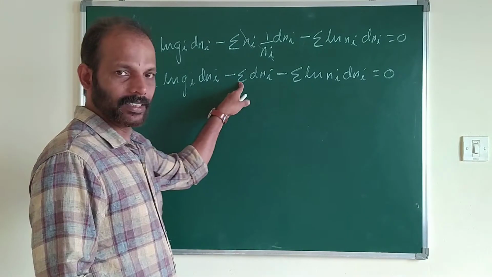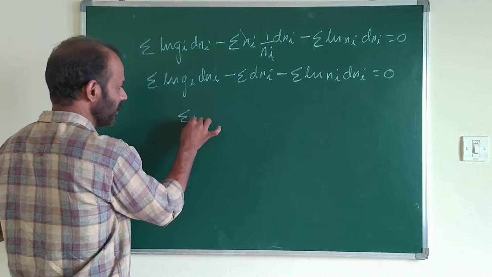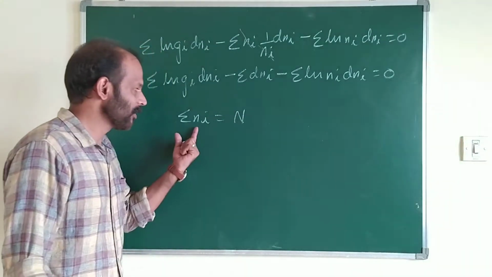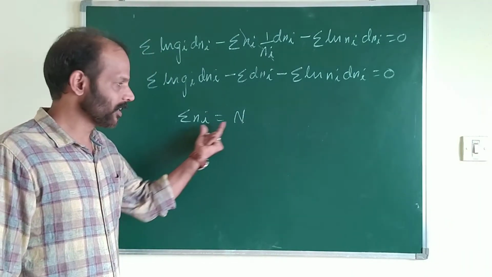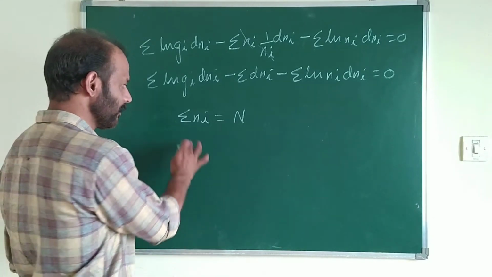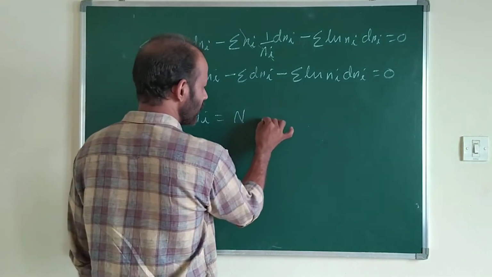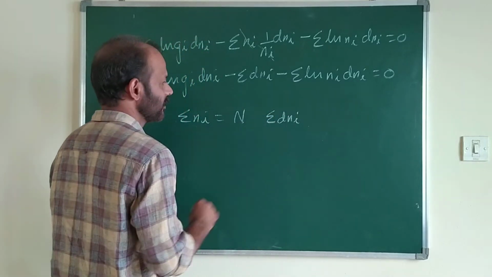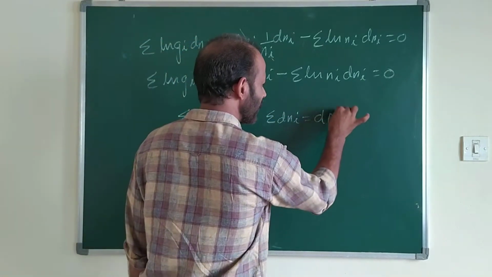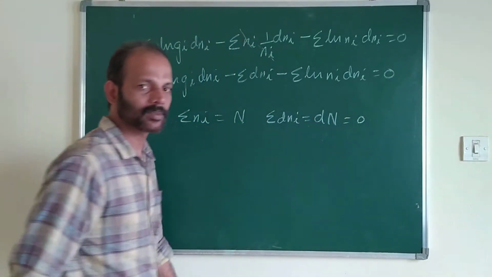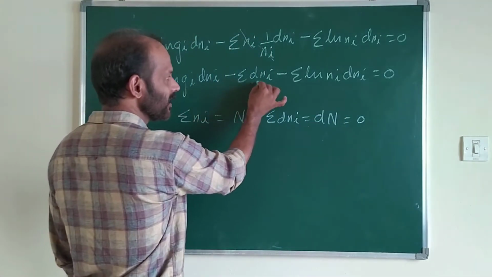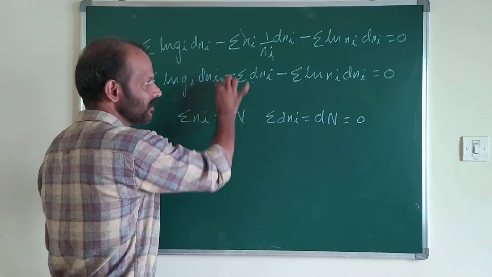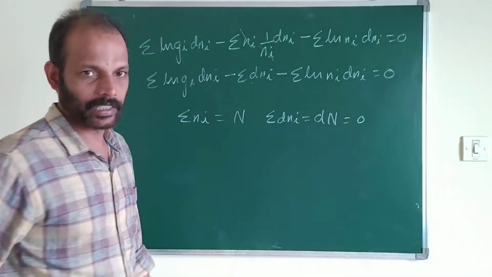The sigma ni, we know, is equal to the total number of particles. The sum of the number of particles is equal to the total number of particles. When we differentiate it, that is sigma dni, which is actually equal to dn, which is equal to 0. That means sigma dni is equal to 0. So this term vanished.